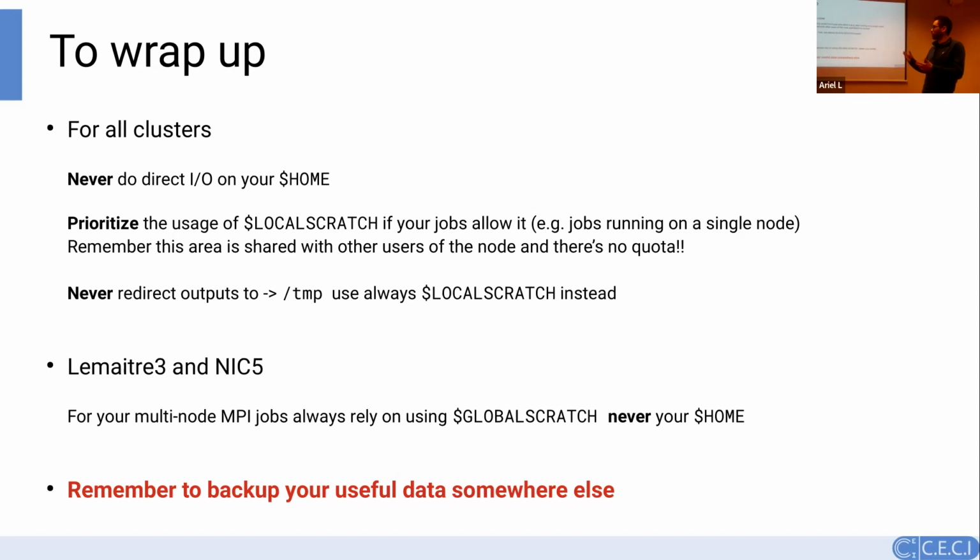If it doesn't, then you must go with the global scratch. And for multi-node jobs, you don't have another option than using global scratch, but please use global scratch for multi-node jobs and never... that was it.